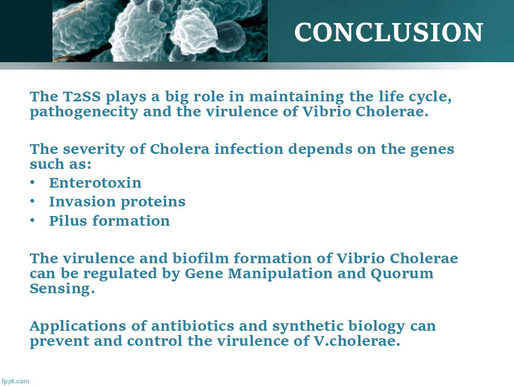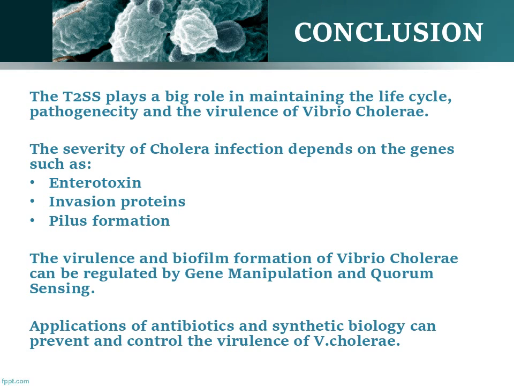We can also conclude that the virulence and biofilm formation of Vibrio cholerae can be regulated by gene manipulation and quorum sensing. Gene manipulation is carried out by suppressing the expression of EPS and the virulence factors, whereas quorum sensing is done through the regulation of LuxO and HapR to block the ToxR regulon expression.